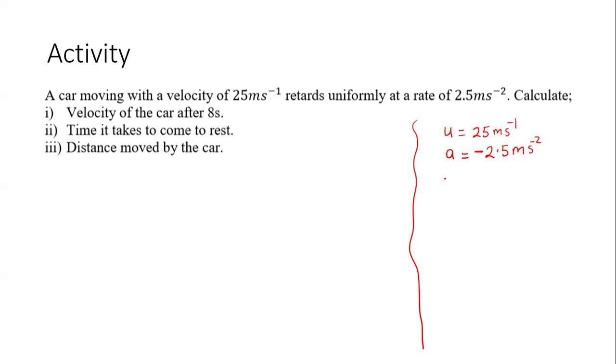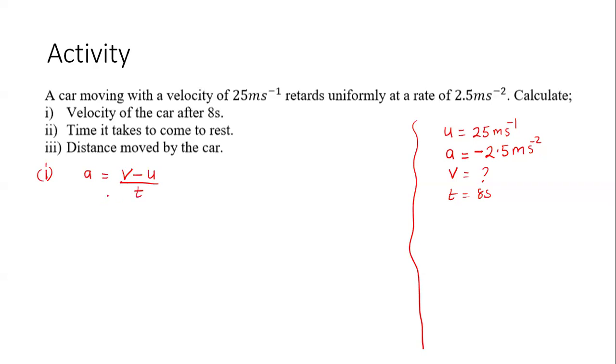So they want us to find the final velocity after 8 seconds. And t is equal to 8 seconds. So we are going to say acceleration is equivalent to the final minus the initial divided by time.